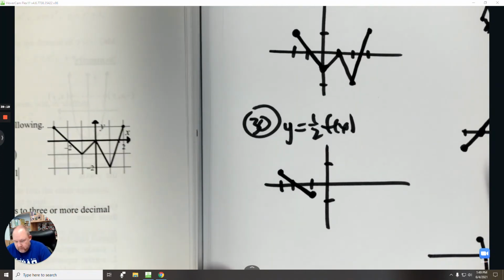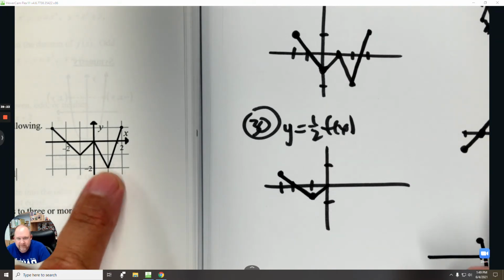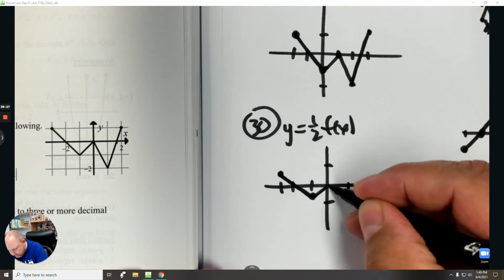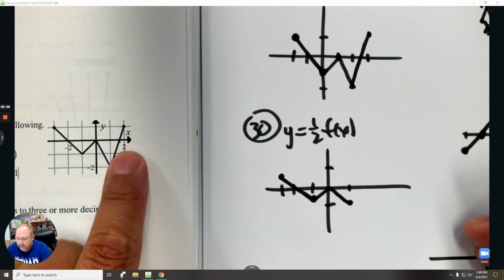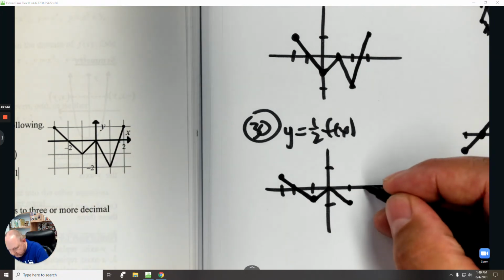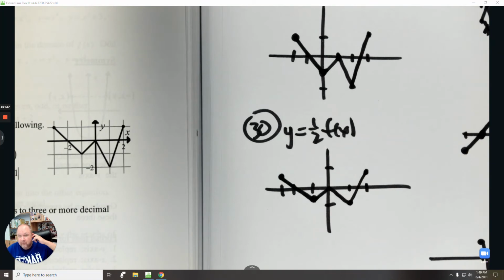Here, the 0 doesn't get halved, so it stays at 0. Here, the y value gets halved, so it's at negative 1. And then this gets halved, so the positive 1 becomes a half. So it's a similar picture, it's just been squished down a little bit. That's number 30.